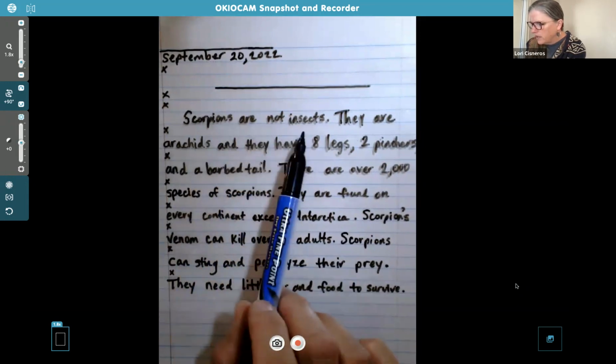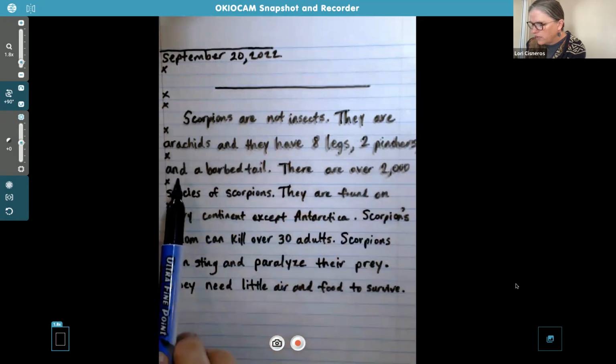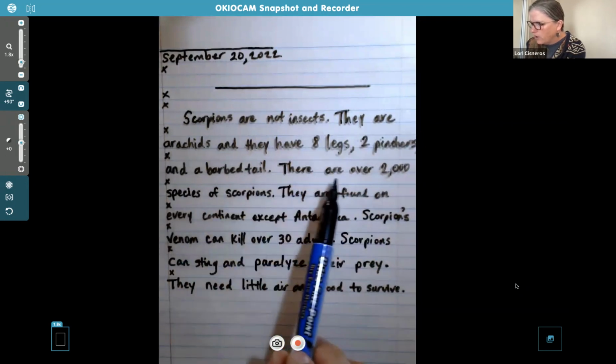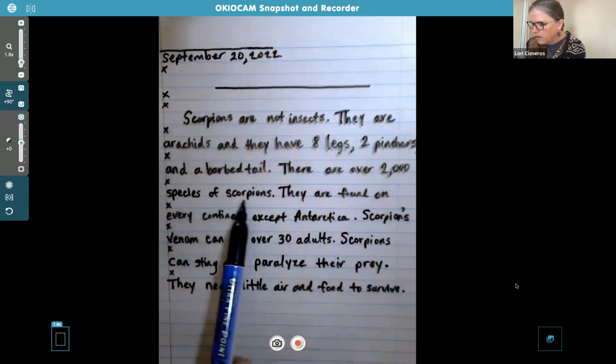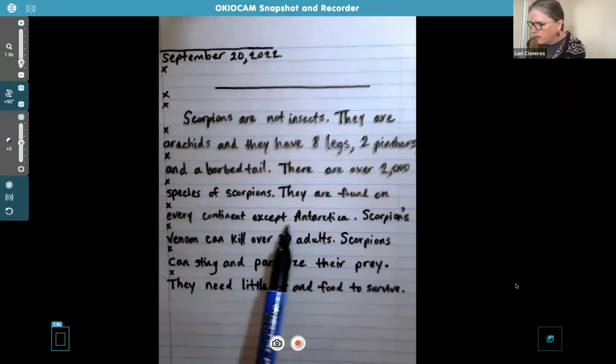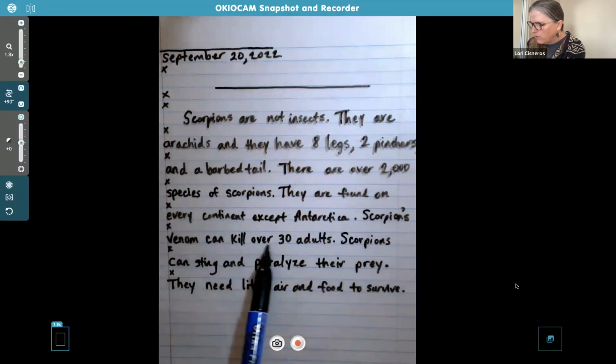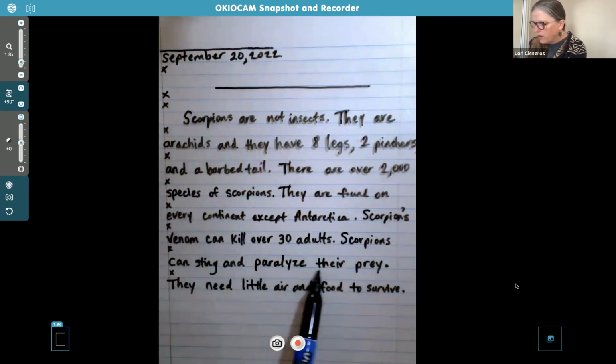Scorpions are not insects, they are arachnids, and they have 8 legs, 2 pinchers, and a barbed tail. There are over 2,000 species of scorpions. They are found on every continent except Antarctica. Scorpions' venom can kill over 30 adults. Scorpions can sting and paralyze their prey. They need little air and food to survive.